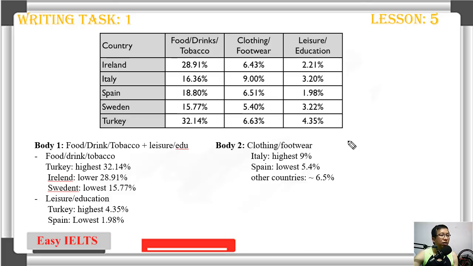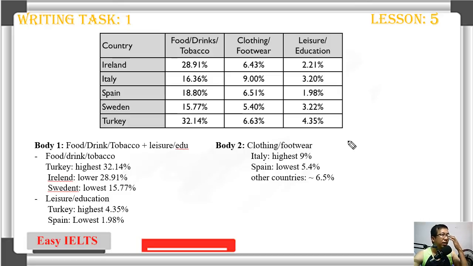So in IELTS writing task 1, you should spend at least 5 minutes to lay out your body 1, body 2, and think of what you are going to write about.